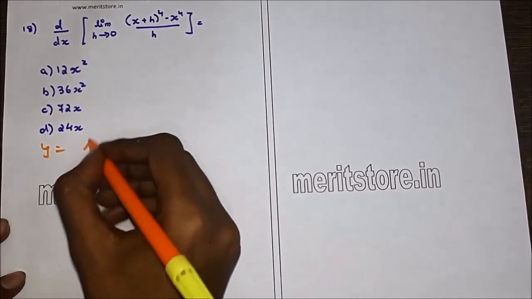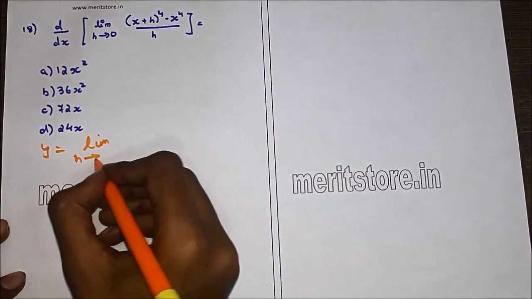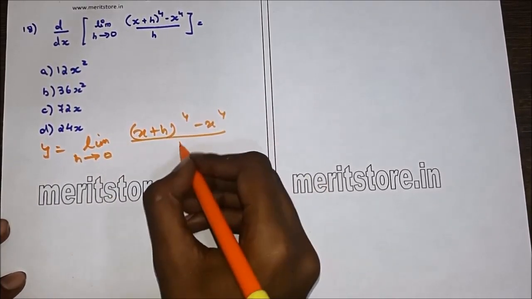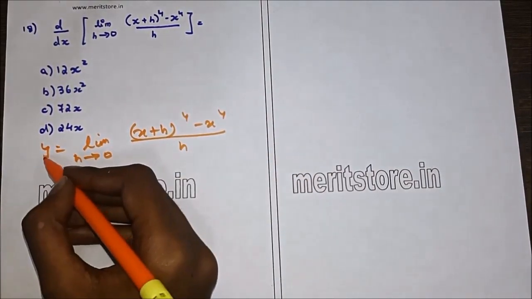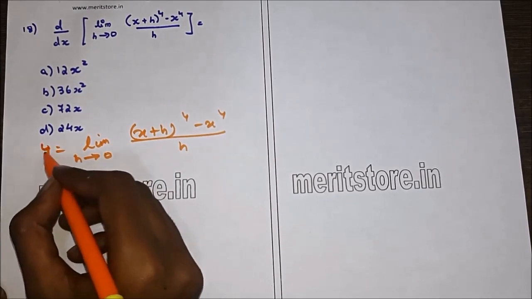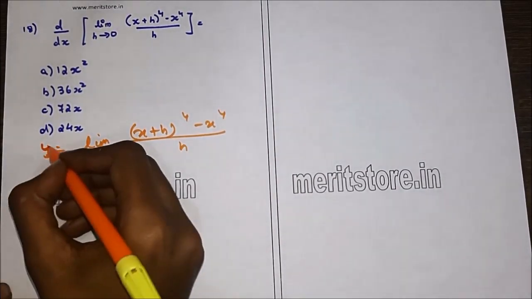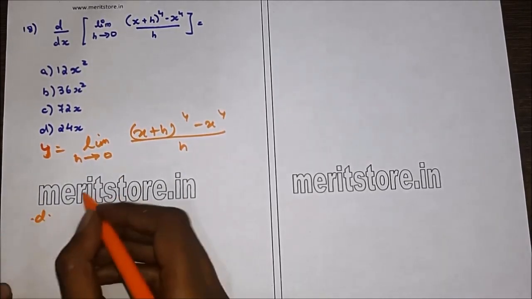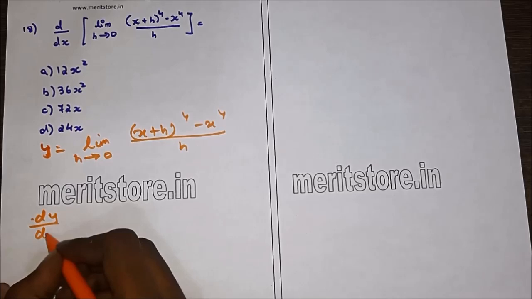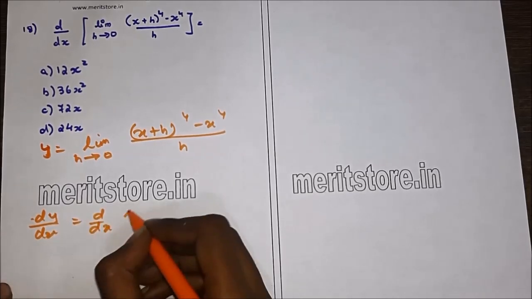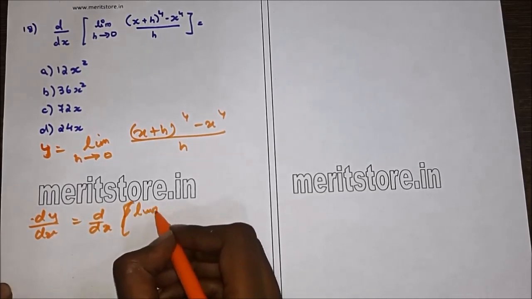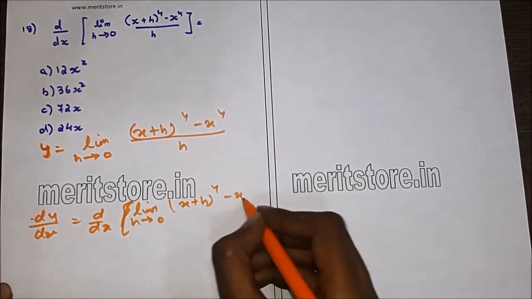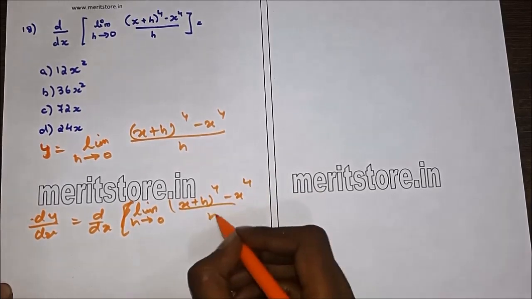So let y be limit h tends to 0 of (x plus h) raised to 4 minus x raised to 4 by h. So we have to find the value of dy by dx, differentiation of y with respect to x. So dy by dx is d by dx of limit h tends to 0 of (x plus h) raised to 4 minus x raised to 4 by h.